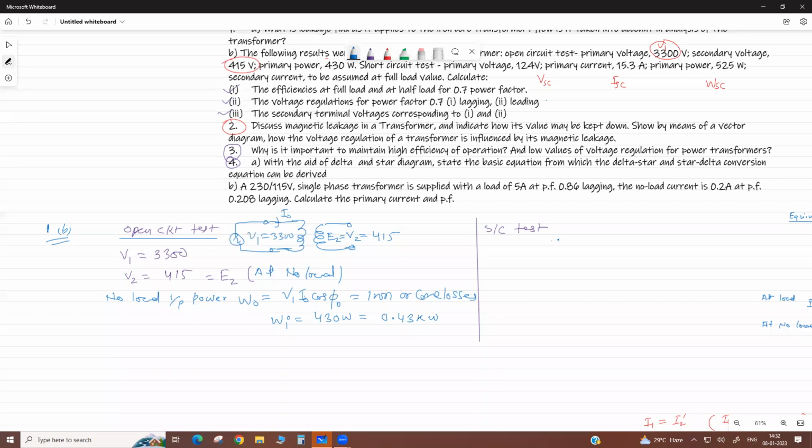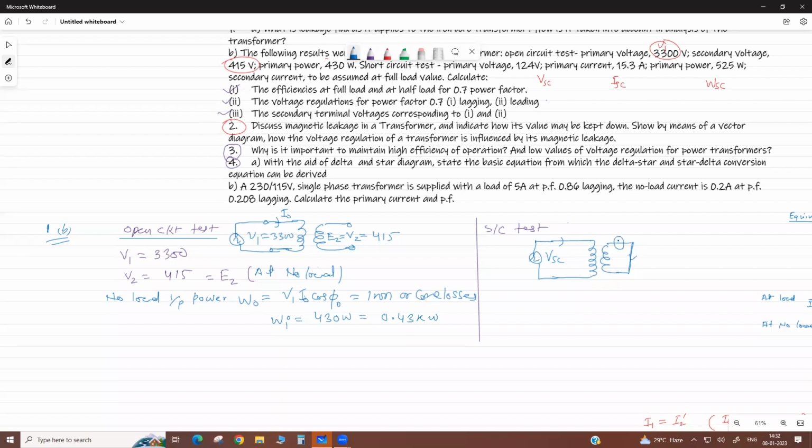In short circuit, on HV side, here we apply the reduced voltage, like VSC. So this is your secondary side. Now it is shorted. The secondary is shorted.